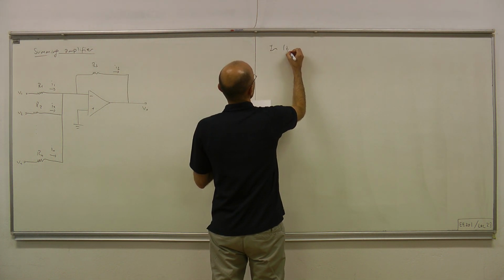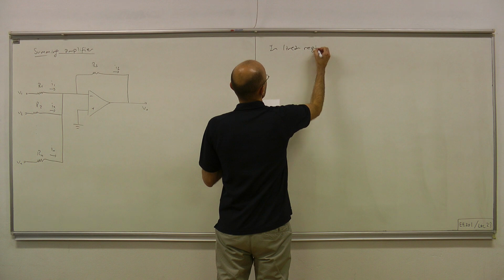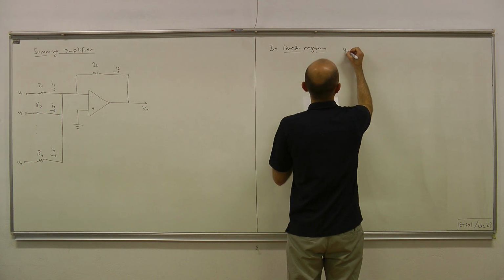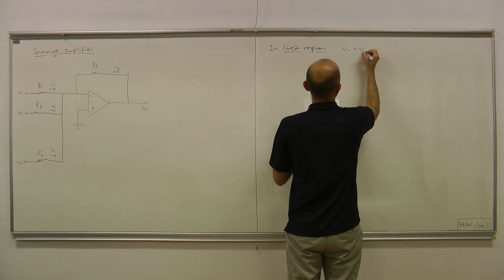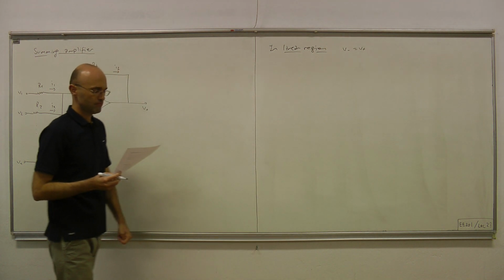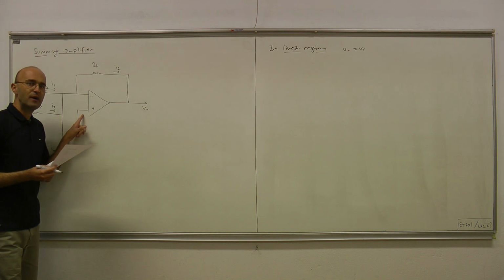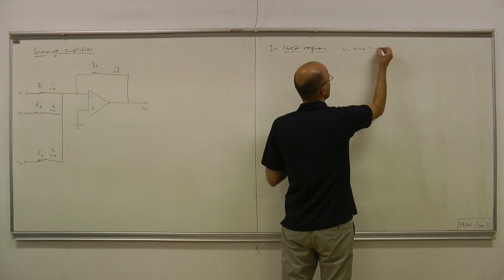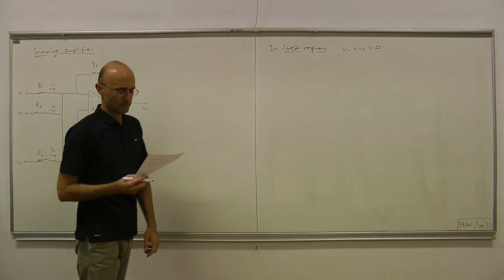In the linear region, we have V minus equals V plus, and V plus is directly connected to ground, therefore V minus is 0.